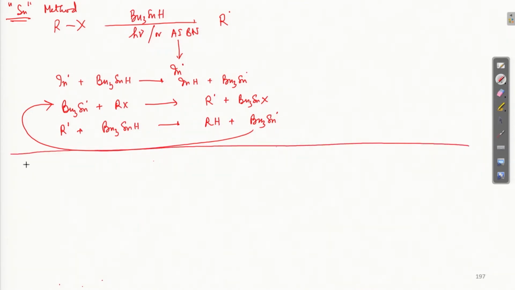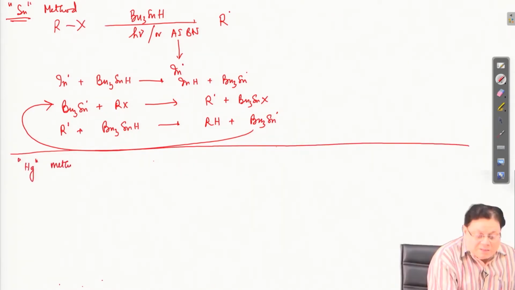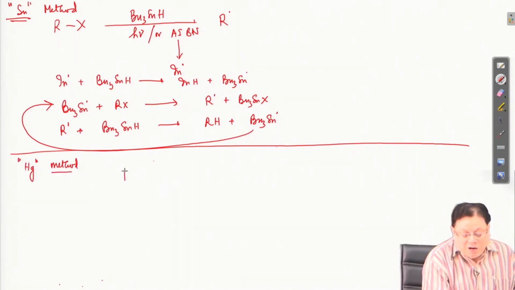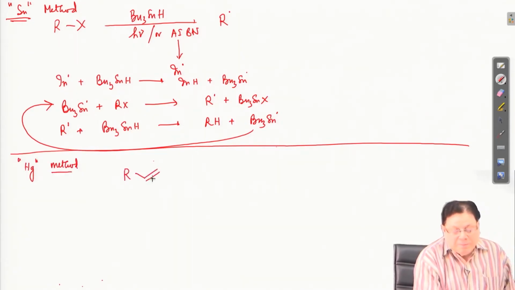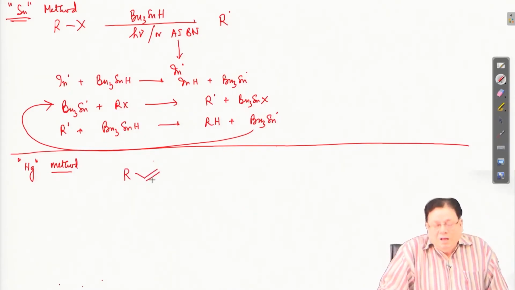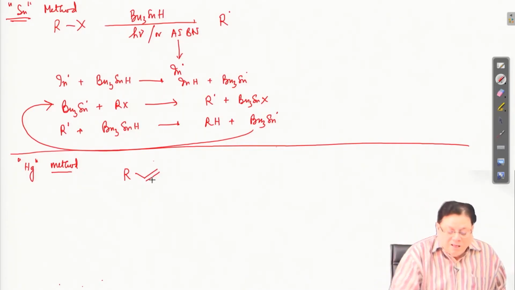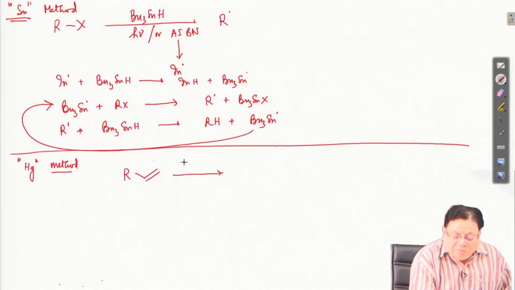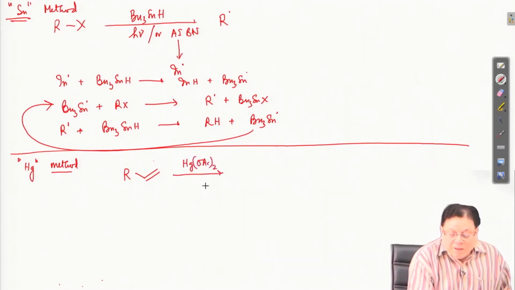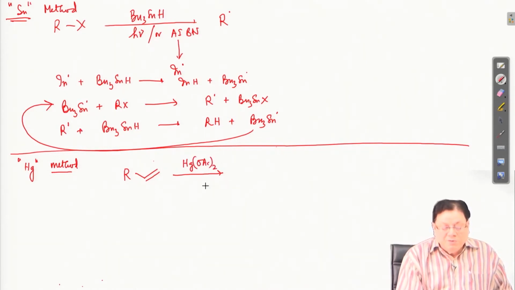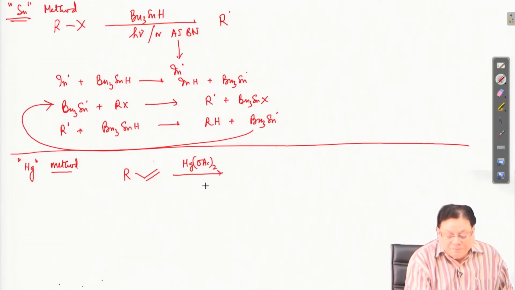Now, there is another called the mercury method. The mercury method is basically that you start with an alkene, okay, and you have done oxymercuration, demercuration reaction, and that means the double bonds are prone to addition by mercury salts. Like if you take Hg(OAc)2 and if you take say water, then what happens?